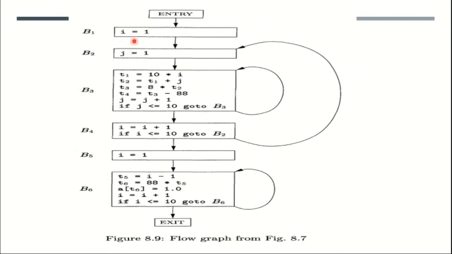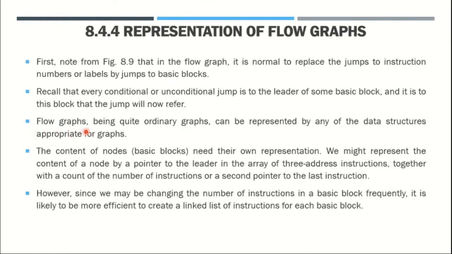Each and every basic block can be treated as one node, so we rearrange those blocks in some sequential manner. These flow graphs are quite ordinary graphs, so they can be represented by any of the data structures appropriate for graphs.